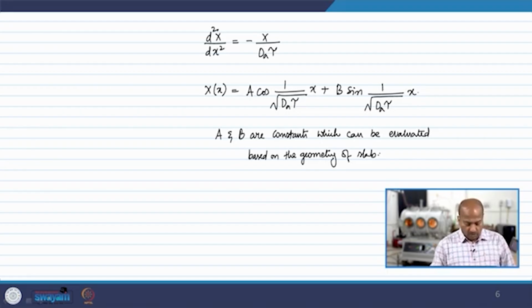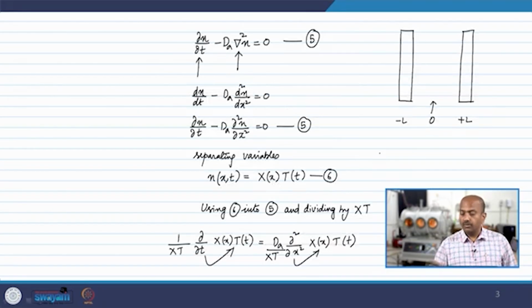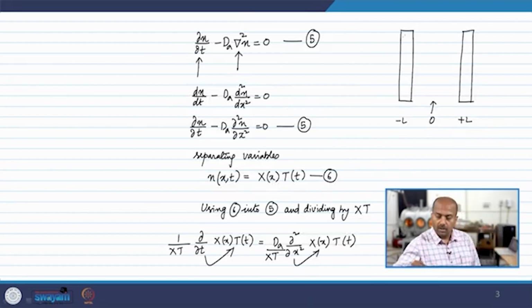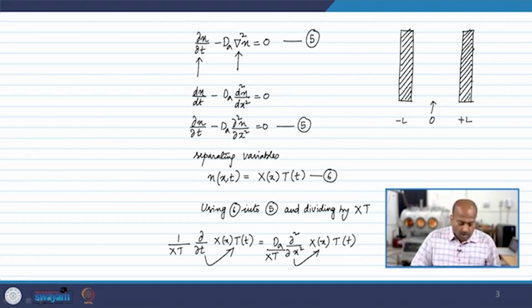Now, how did we make the geometry of the slab? This is how the slab is. The plasma is generated between the slabs, and we are trying to see what is the role of diffusion, or how plasma will decay as a result of the diffusion, which also carries the information of the collisions, right.